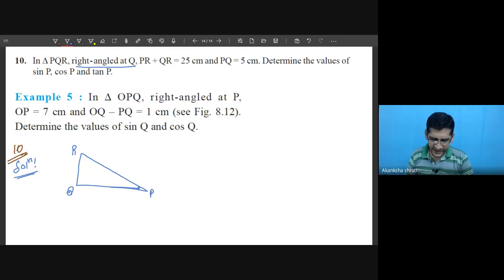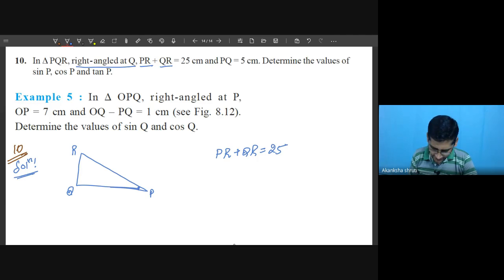Now what is given is PR plus RQ is 25. Write this: PR plus QR is equal to 25. Where is PR? PR is our hypotenuse.